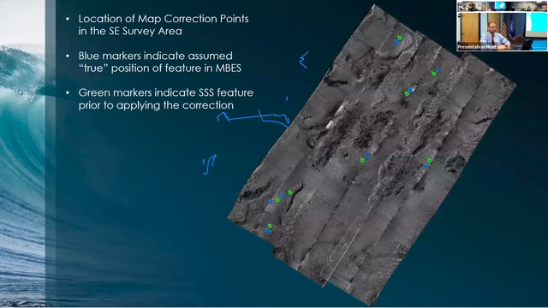Then we take the distance from the multi-beam target to the side scan target and do a 95% confidence of the radial error. Based on NOAA standards for a towed position, we're allowed 10 meters for that radius, and everything was less than that.